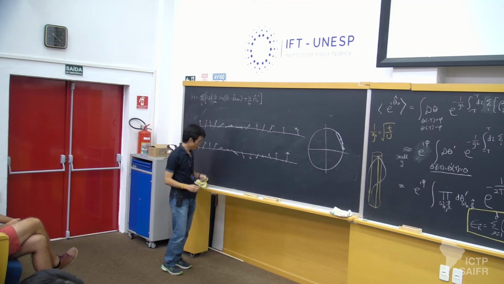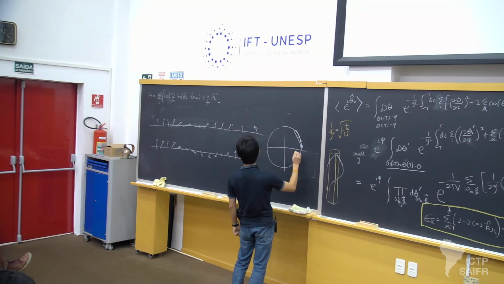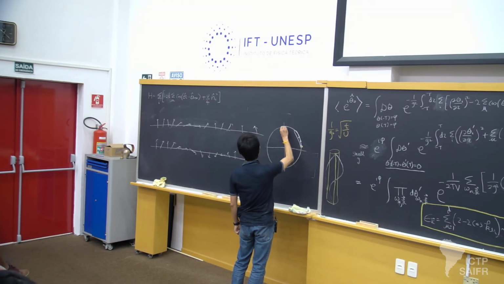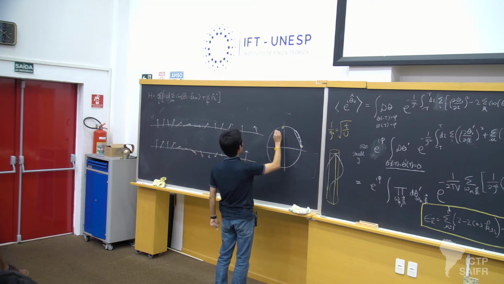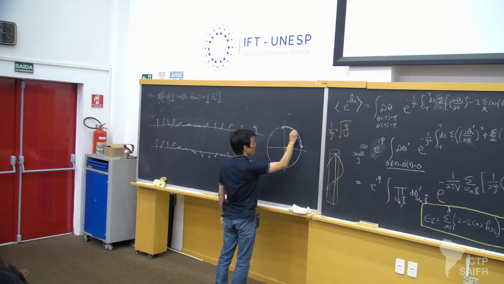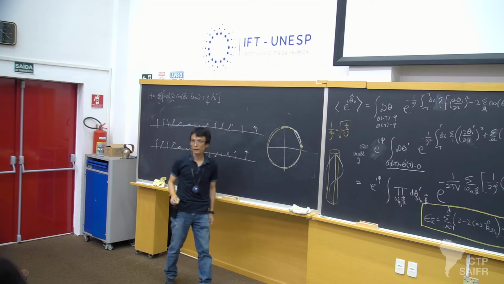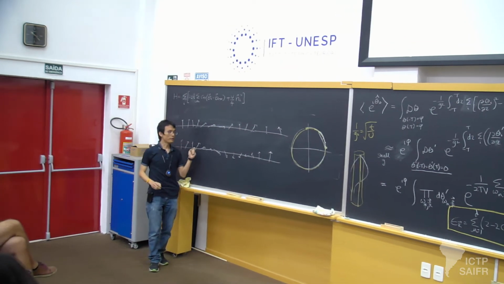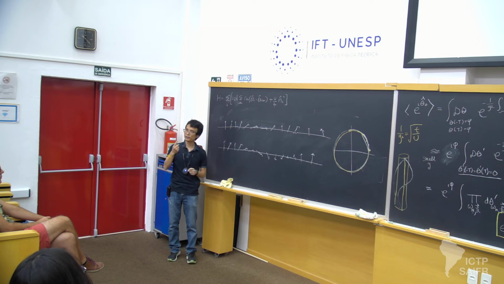But in the second picture, it's different. You start from here, and then as you move to the right, this rotor goes to here and goes to there, and then it goes around, right? So in the second picture, these rotors wind around the phase space once, whereas here it doesn't wind.